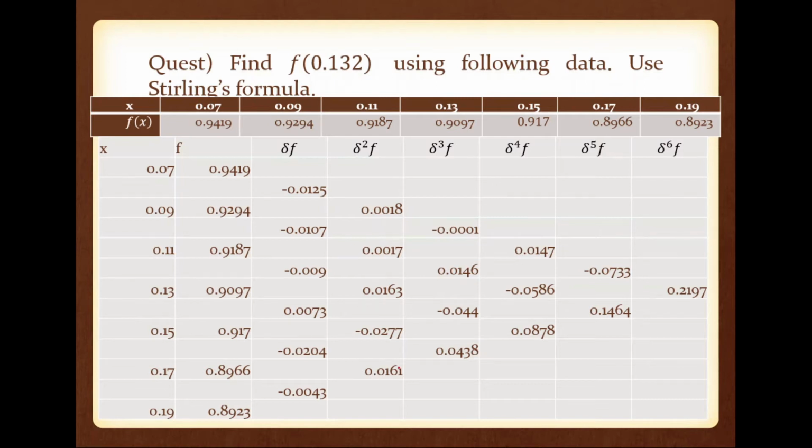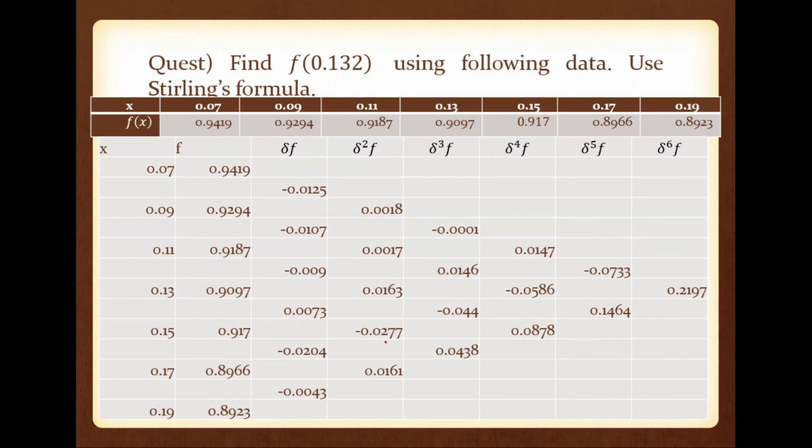Using the second order central difference, we find the third order central difference. So what is that? 0.0017 minus 0.0018 is minus 0.0001. 0.0163 minus 0.0017 is 0.0146.